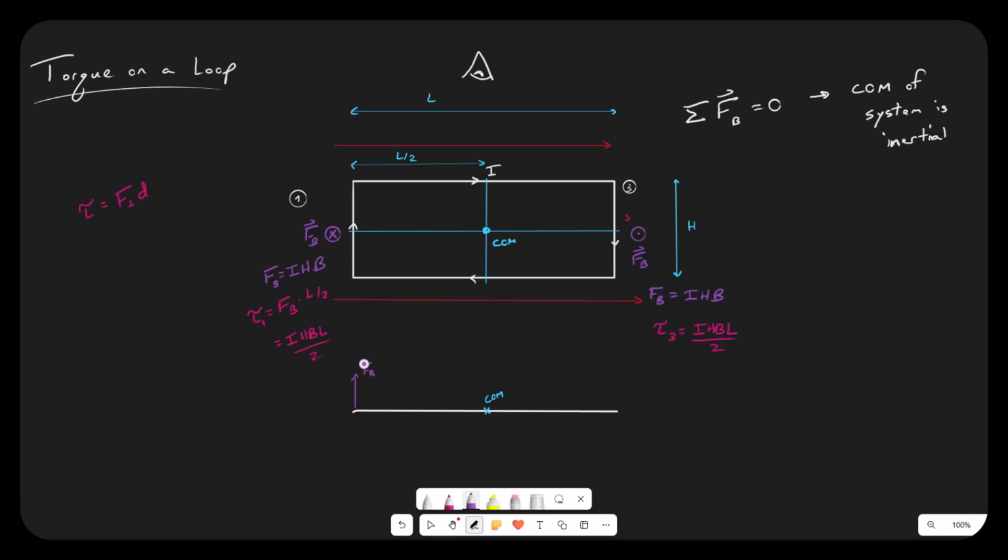There's my force. So that was a torque. Over here on this side, I get a force that points this way. So in both of these cases, I'm getting a torque that wants to rotate this loop.